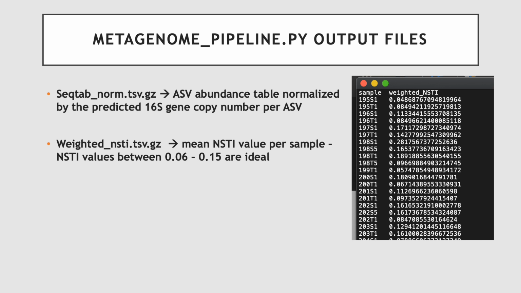And then we have a weighted NSTI value table that gives you the mean NSTI value per sample. The PICRUSt developers have suggested that NSTI values between 0.06 and 0.15 are ideal, but it is going to be highly dependent on your samples and where they came from and just how well your sequence is aligned with the reference sequences.